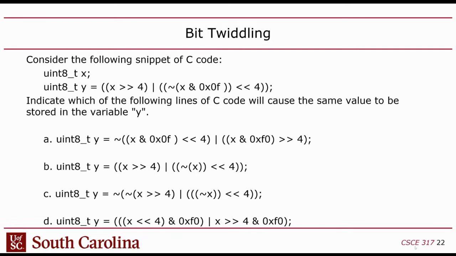But anyway, the question is: consider the following snippet of C code. Indicate which of the following lines will cause the same value to be stored in the value y. So this is basically asking which of the 4 options are equivalent in terms of their behavior. I probably won't ever ask a question like this again, because this is kind of torturous.